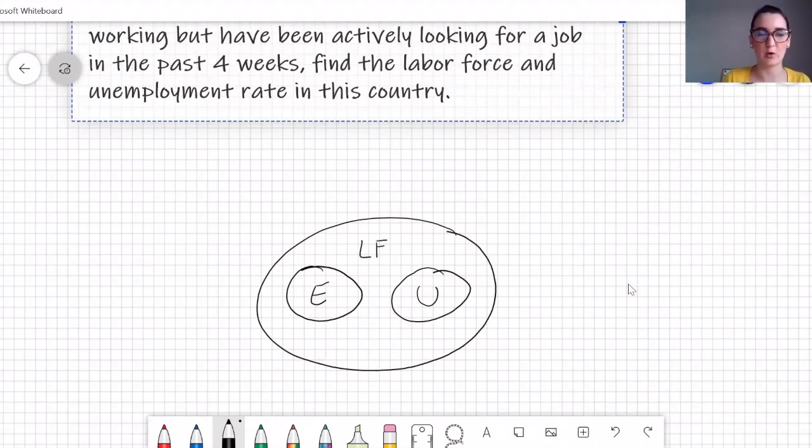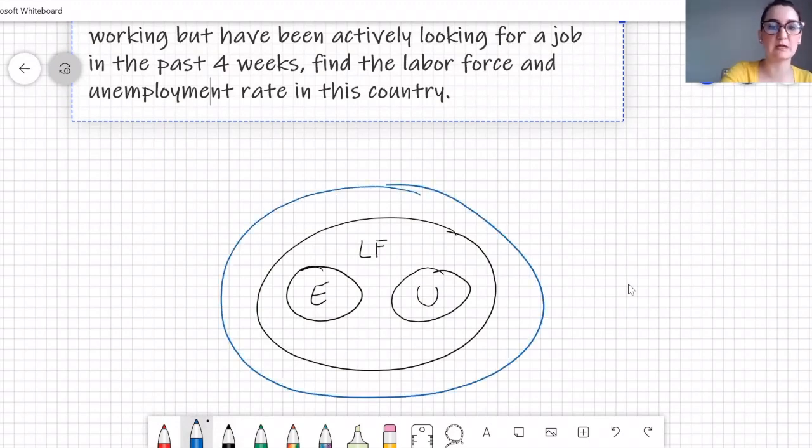Labor force is a part of the working population. Let this blue circle be the working population. Now we have to understand the difference between working population and labor force.